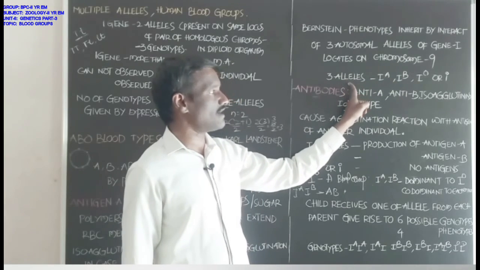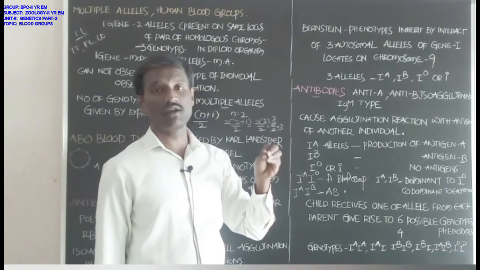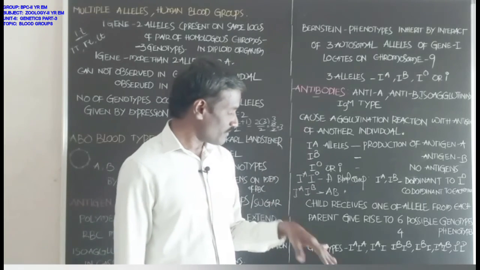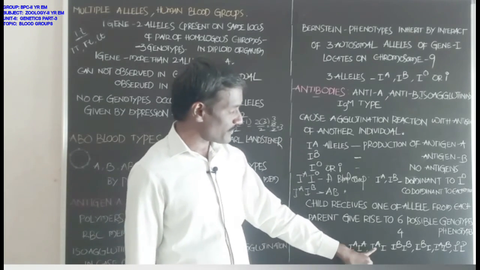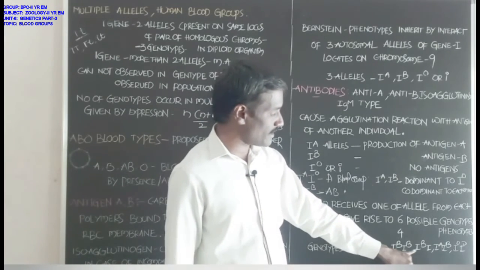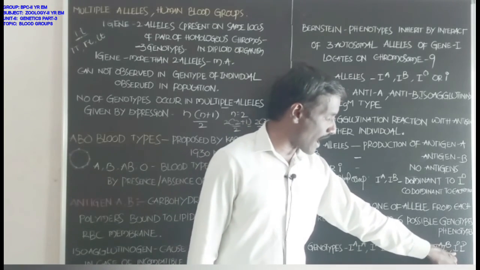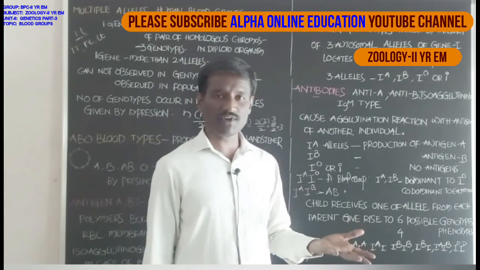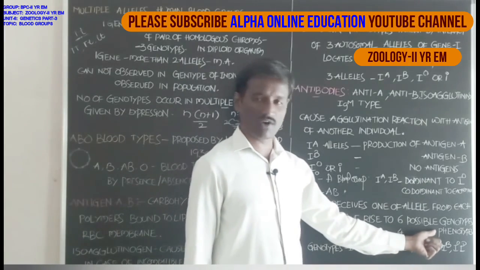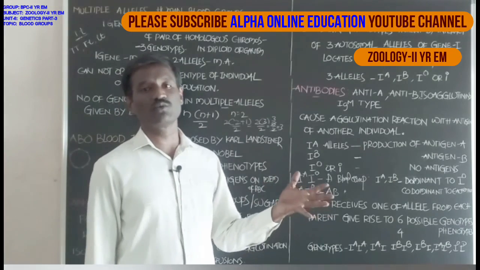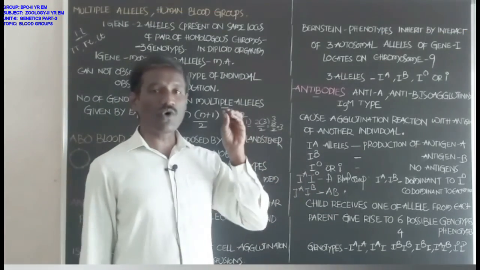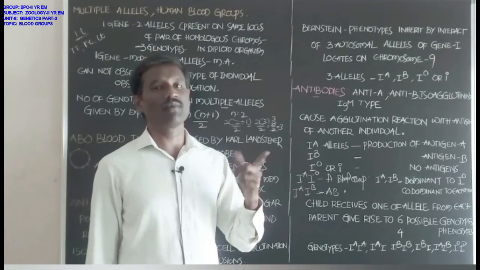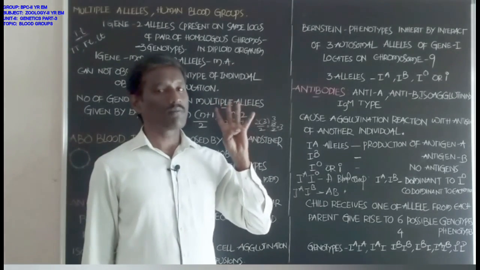The genotypes are IAIA, IAi, IBIB, IBi, IAIB and ii. The 4 possible phenotypes, the blood group shown by the individual, are A blood group, B blood group, AB blood group, and O blood group.